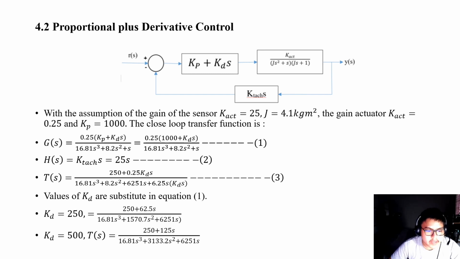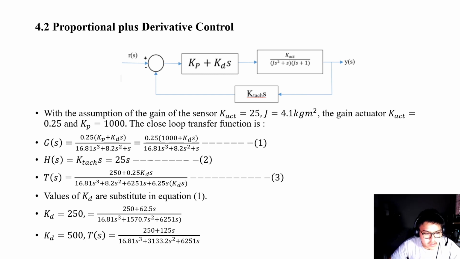And T(s) equals 250 plus 0.25 Kd s over 16.81 s^3 plus 8.2 s^2 plus 6251 s plus 6.25 s Kd. That is equation 3. So all the values of Kd are substituted in equation 1.